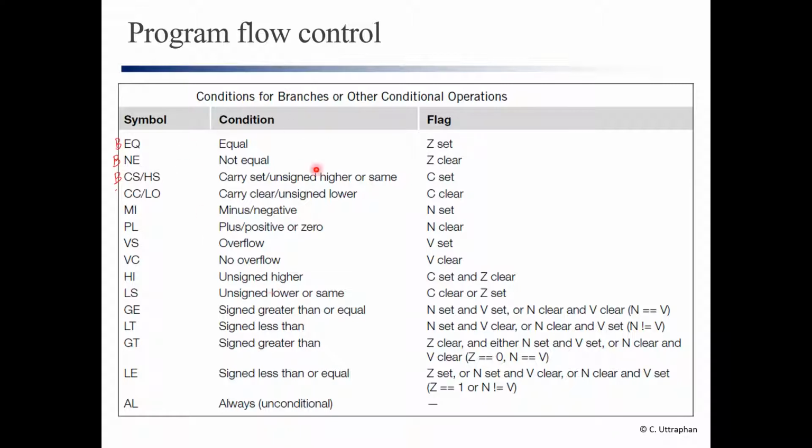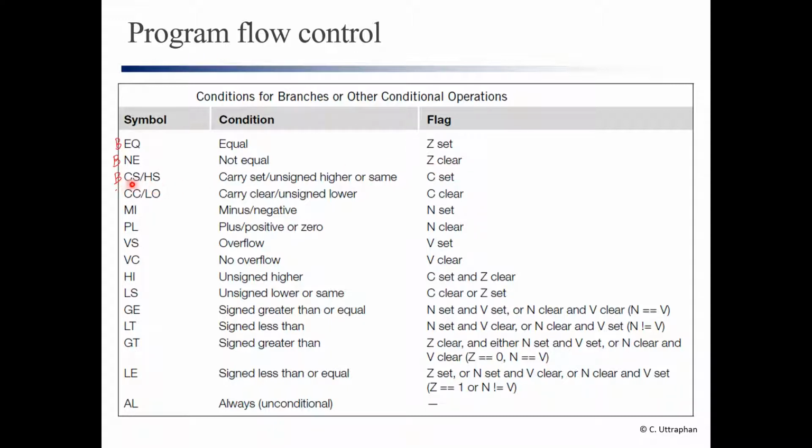Here in this column shows the condition for each branch instruction. For example, for BEQ, the condition is equal, meaning branch if equal, and it is true when the Z flag is set. The BNE, where the condition is branch if not equal, is true when the Z flag is clear.